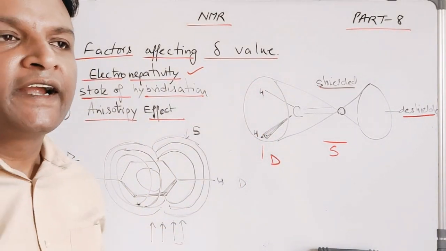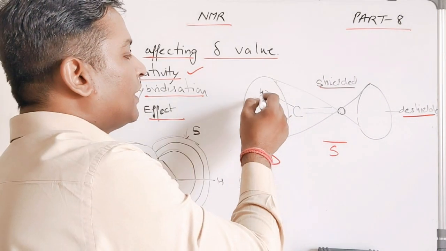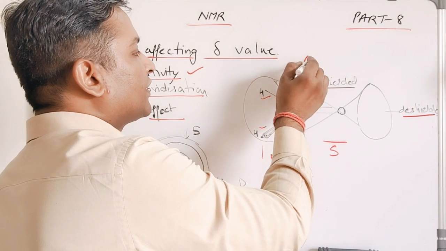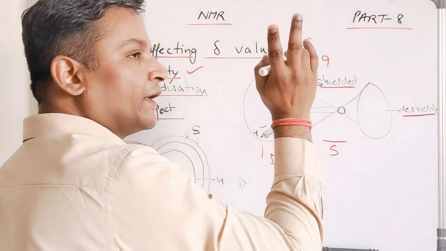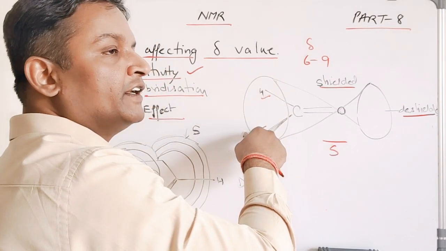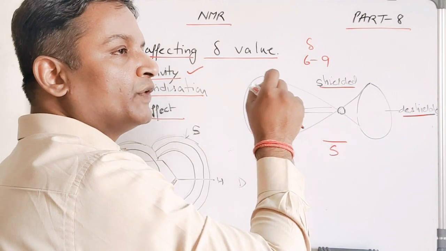So in the case of aldehyde, there are two factors for a very high value. Aldehyde protons show a high delta value, approximately 9 to 10. Why is the delta value so high? There are two factors for this. First is the anisotropic effect, because these protons fall in a de-shielded region, and a de-shielded region means a region where the delta value is very high.